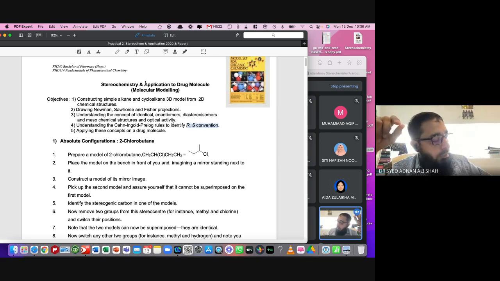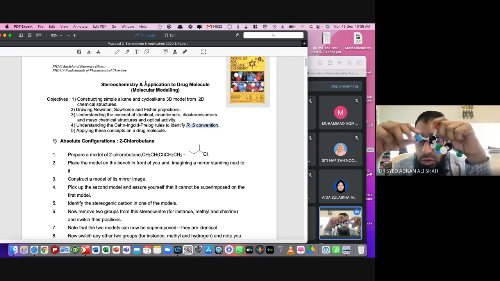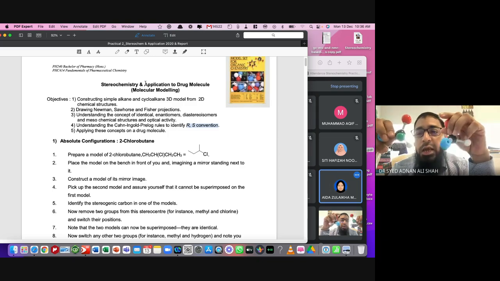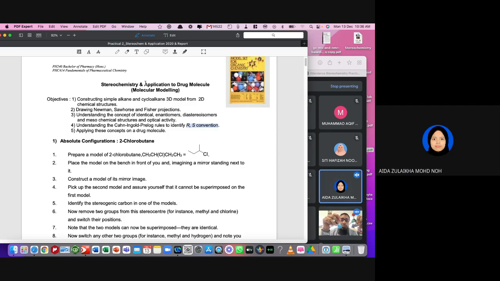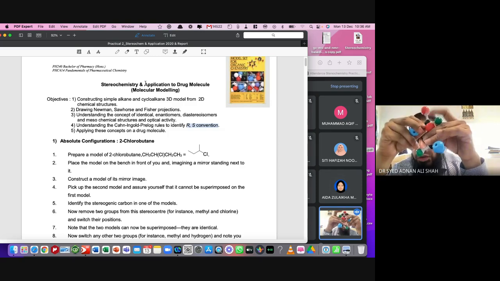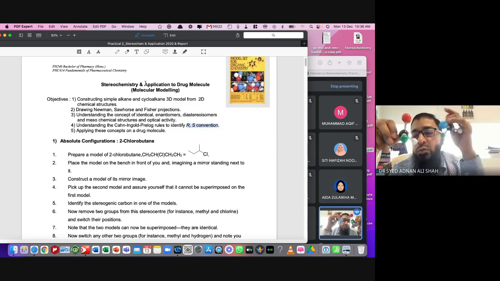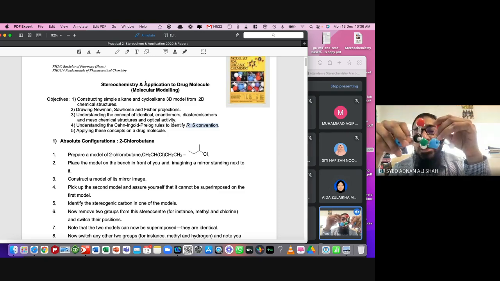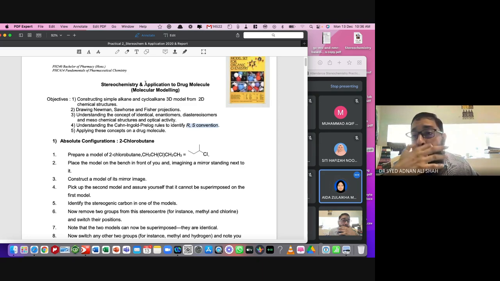And then the example which we have seen, the molecules which are mirror images of each other, but non-superimposable, have different configurations. One is R and the other one is S. So they are different molecules with different R and S configurations. So far is okay?